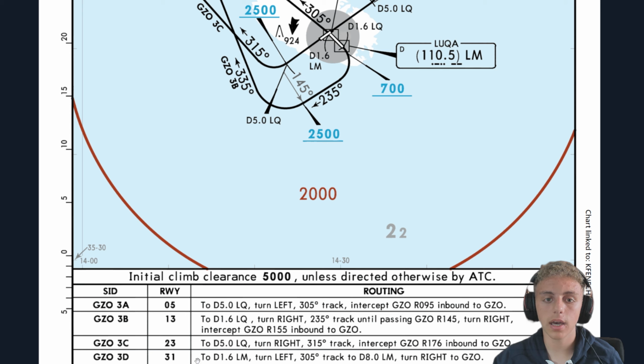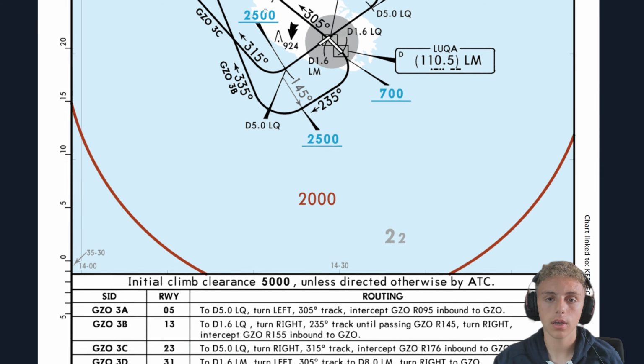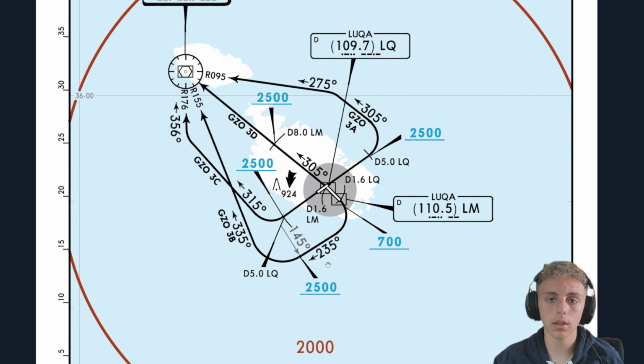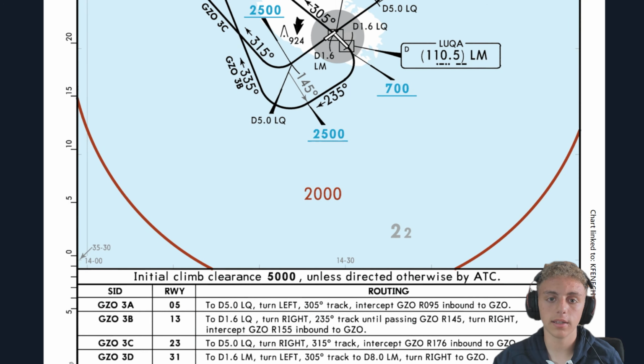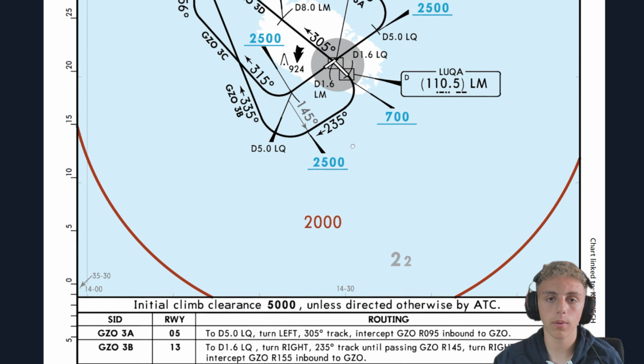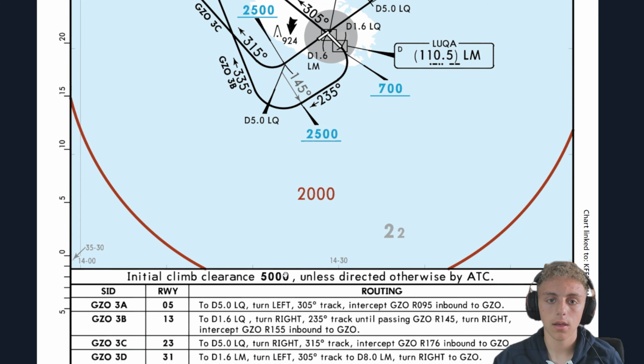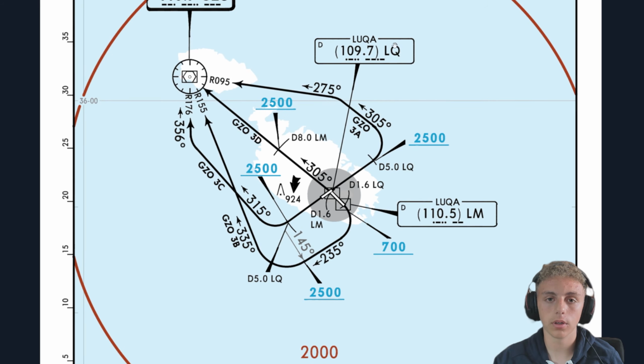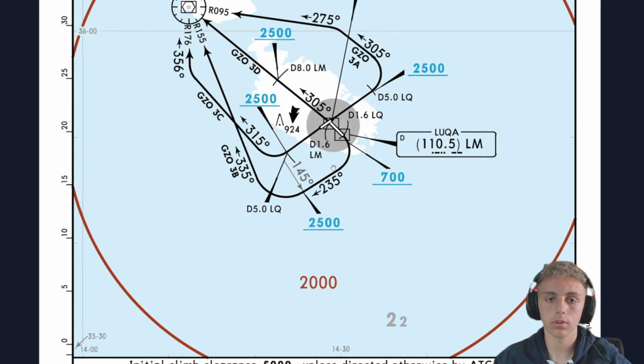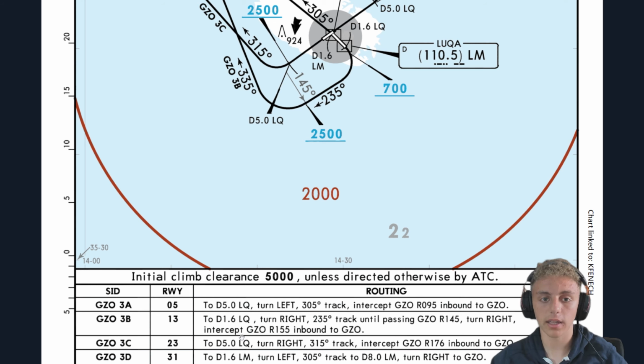And over here, we have the instructions to follow the departure. They are shown on the chart as well, but here they are laid out in text. So for example, for the Gozo 3 Bravo departure out of runway 13, which is coming southwards this way, you have to go to 1.6 nautical miles of the ILS at 13.